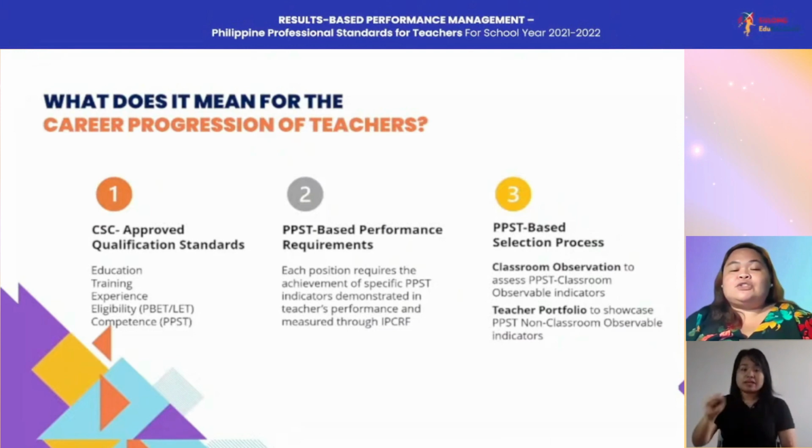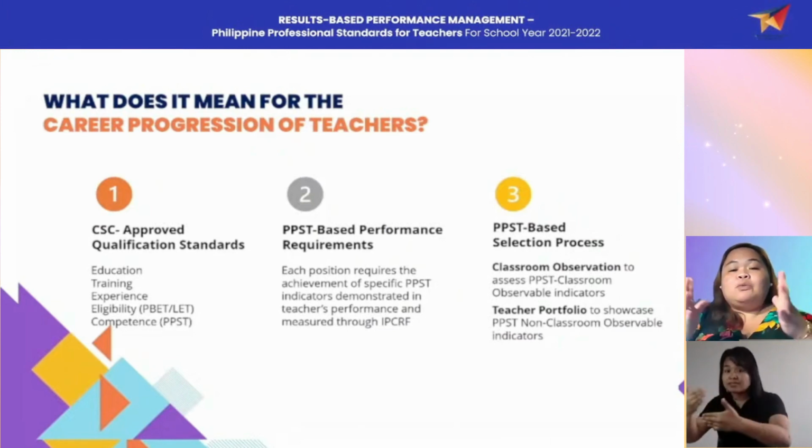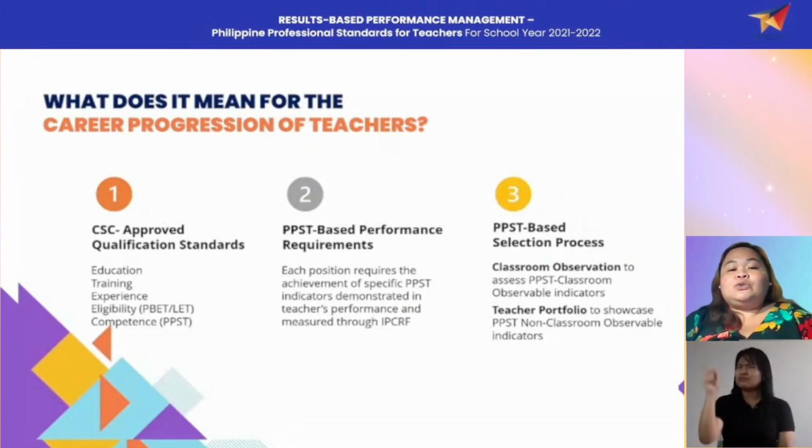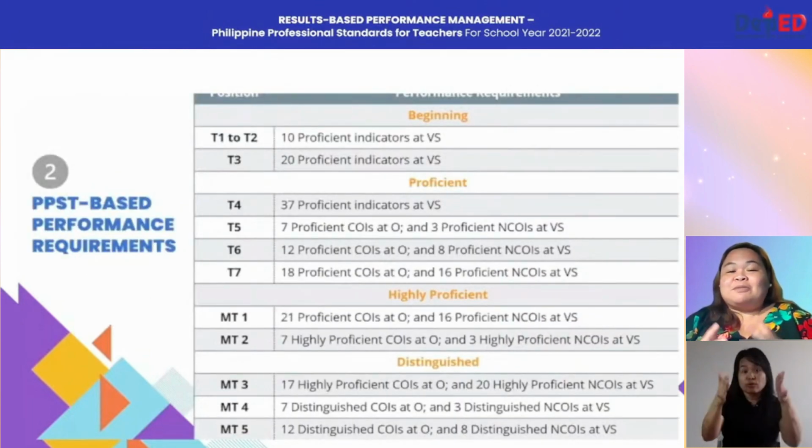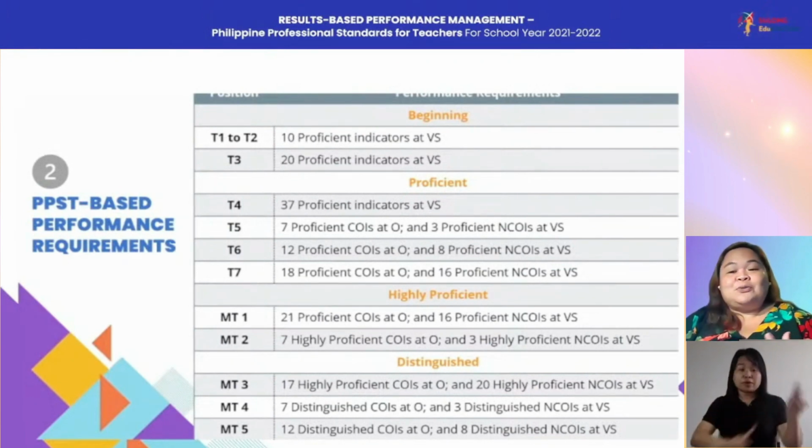So for purposes of our topic today, we will zoom in on item number 2, which is the PPST-based performance requirements. That is why we need to complete the 37 indicators.